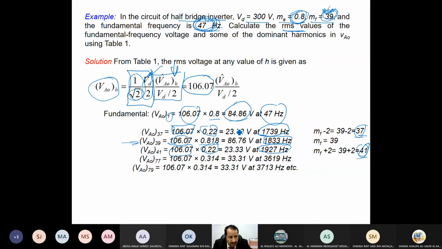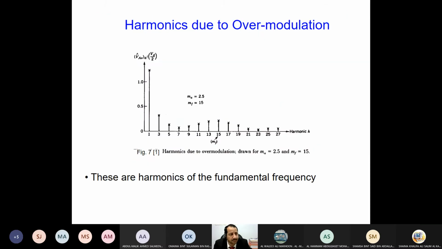So I got the individual harmonics for the fundamental, for MF minus 2, for MF plus 2, for 2 MF plus 2 or minus 2, as you can see here. You can do and find more and more. And as you can see here, the value will be different for each one of them, and it increases or decreases depending on the frequency.